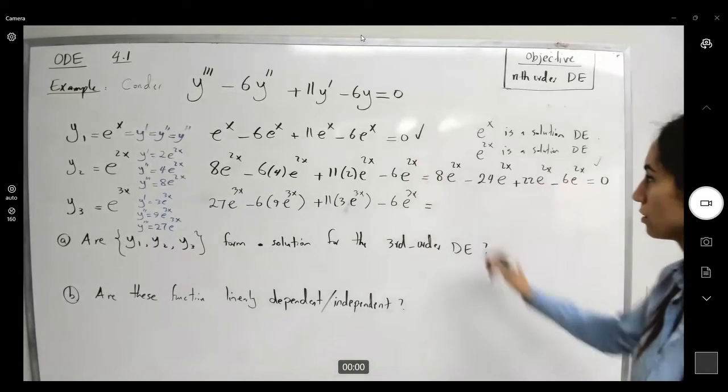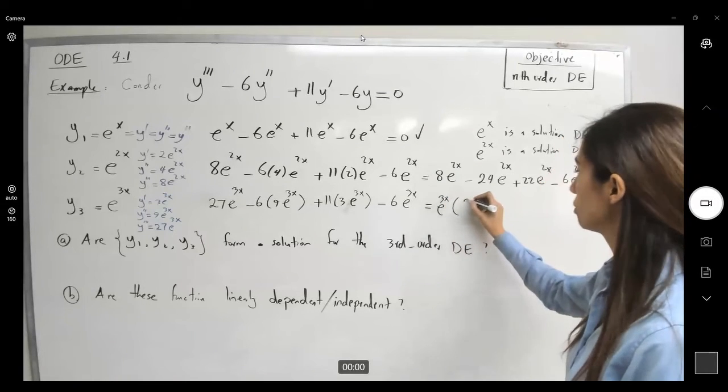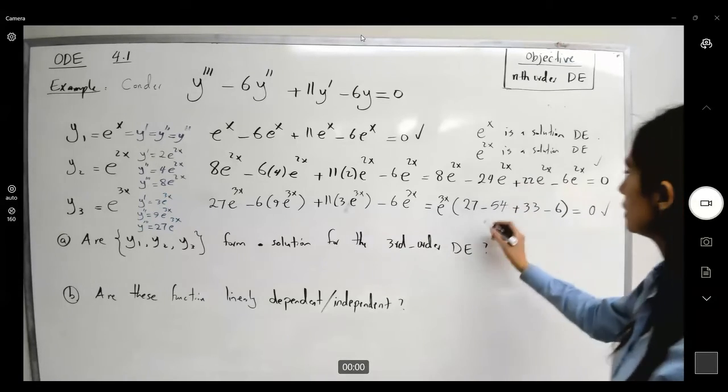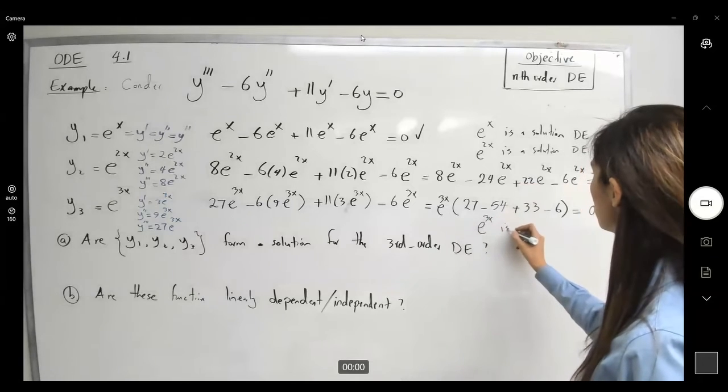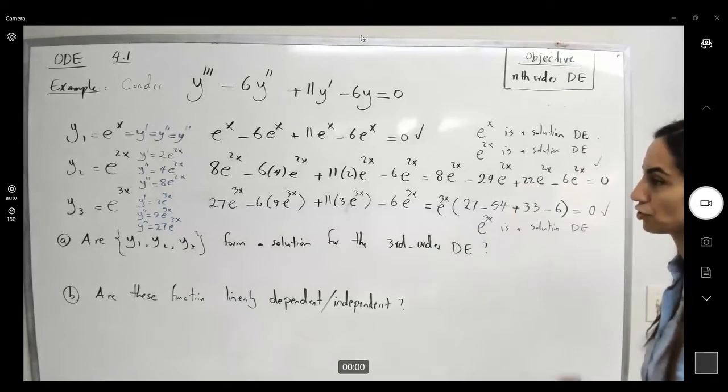So let's see, here you have 27 e to 3x. You can factor this out, which is 0. Very good. So as you can see, e to 3x is also a solution for the differential equation.